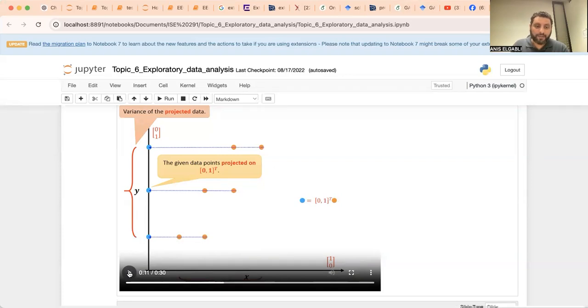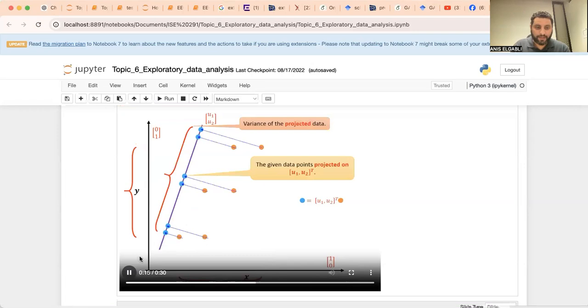Now let's look in this direction here. As you can see, projecting into this direction, I preserve the distance much better than here and here.